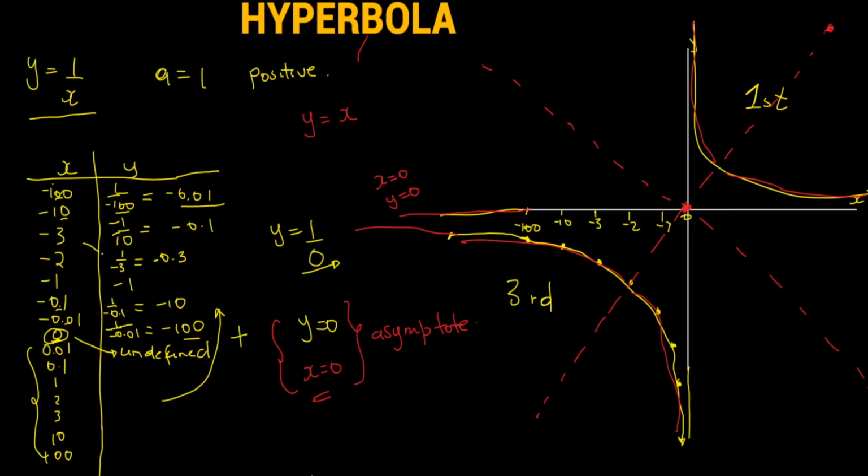But now you can see that this one here has a positive slope, so this is going to be y equal to x. And this one is also passing through the same point, so it's going to be y equal to minus x, because we can see that the slope is negative. So now you already know another thing, that you have two axes of symmetry, which are y equal to minus x and y equal to positive x, because these two touch there.